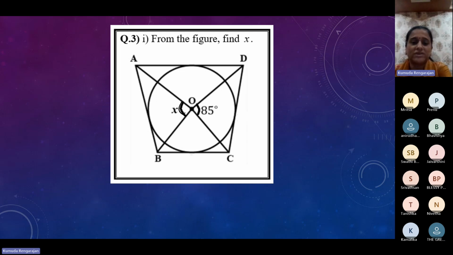So we know that x plus 85 is equal to 180. They're not vertically opposite angles, please, because we don't have straight lines here. AOC is a broken line. It's not a straight line.